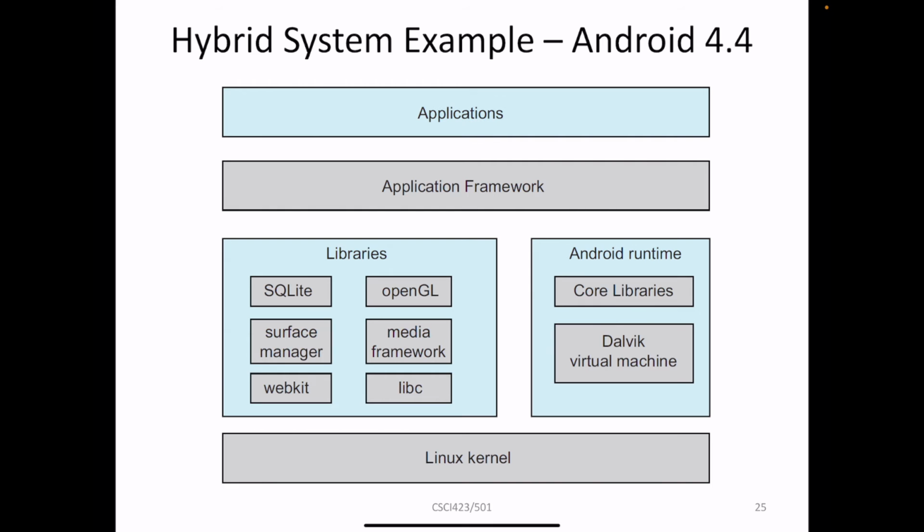For the runtime environment, there are multiple core libraries provided by Android through APIs. The Android runtime environment also provides the Dalvik virtual machine. If you have done some Android programming, you will know that Android uses Java. However, it is not the general Java.